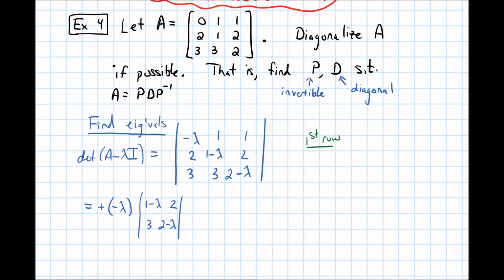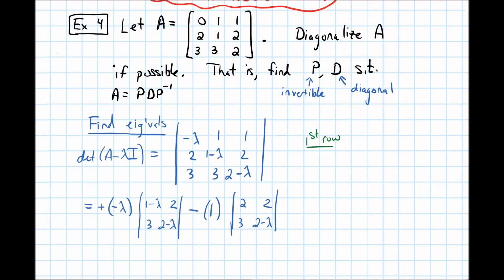Then we go to the next entry, which is this 1. The sign starts to alternate, so I'd put a minus in front of it, times its corresponding determinant. After I cross out that row and that column, what I'd be left with is 2, 2, 3, and 2 minus lambda.